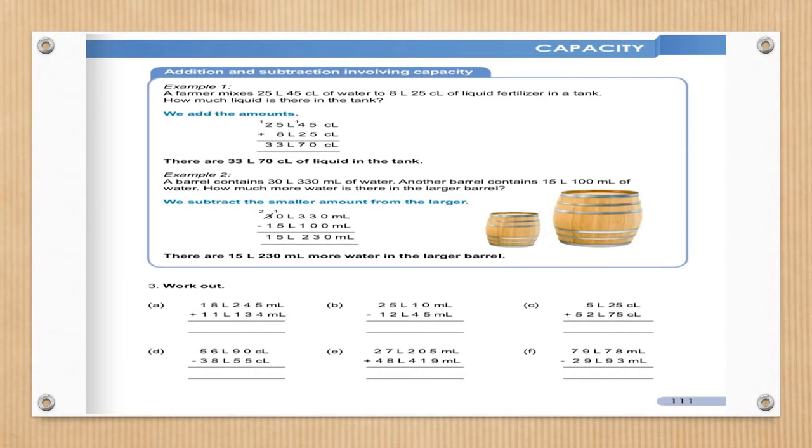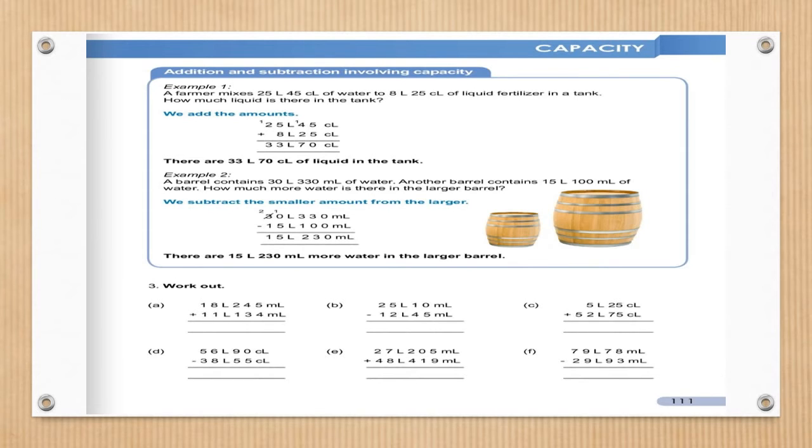He's asking you about the total amount, so you have to add the amounts. Very easy. 25 liters 45 centiliters plus 8 liters 25 centiliters, as you can see in your book. Then the answer is 33 liters 70 centiliters.